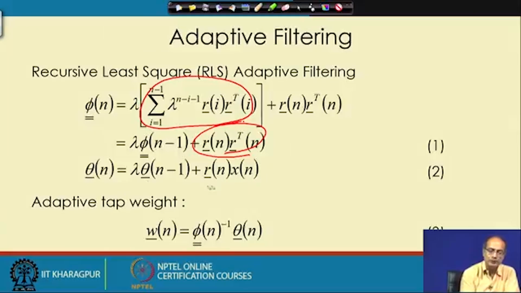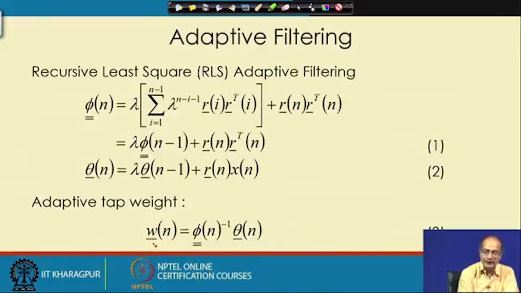That means we do not have to start from scratch. We can reduce that part of the computation, and for the tap weight Wn at each instant, we can compute it by multiplying the inverse of phi n, the inverse of this matrix, into the vector theta n.